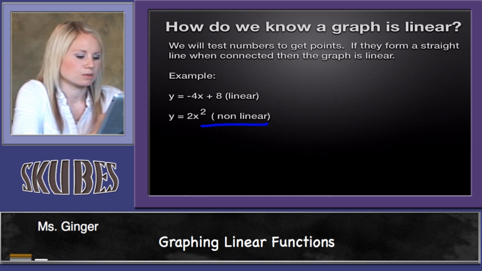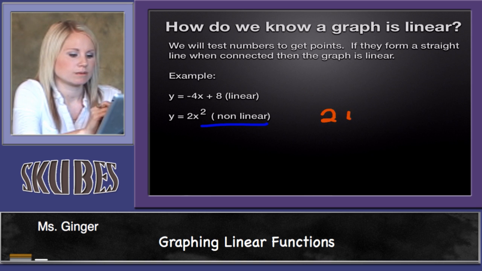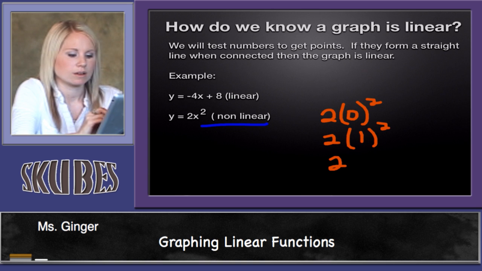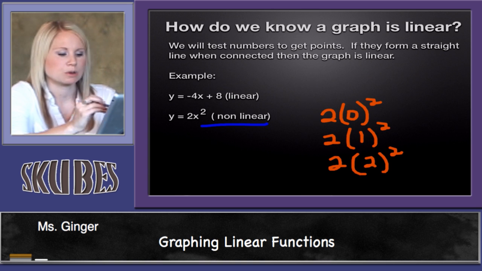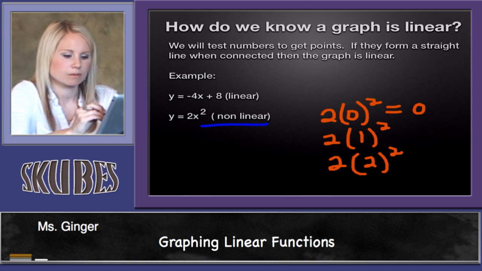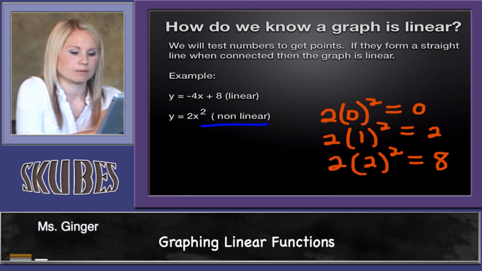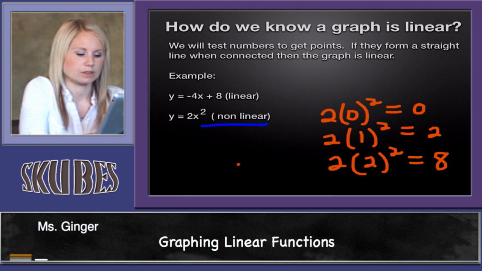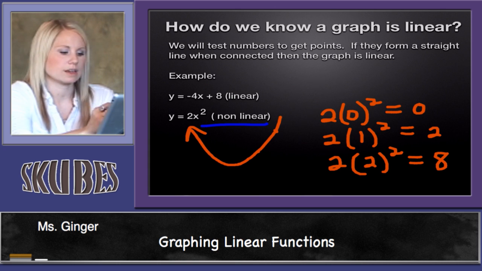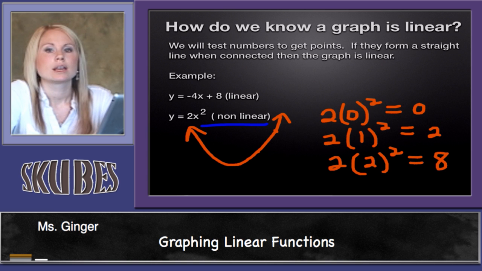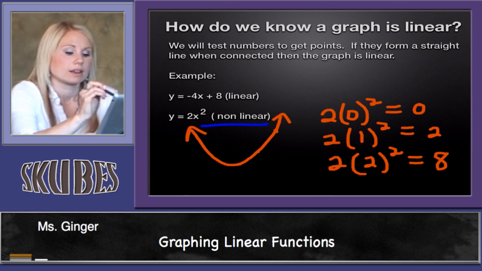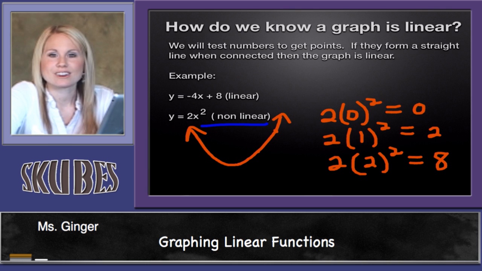If I were to test points in this function, I won't show you a whole lot, but I will show you that it is going to form a nice curve instead of a straight line. 0, 0, 1, 2, and 4, 8. And then if I continued in the negative direction, it would be a nice little curve. This concludes our lesson on graphing linear functions.